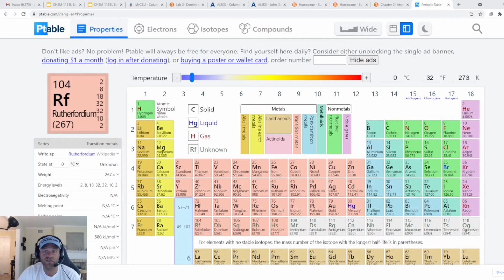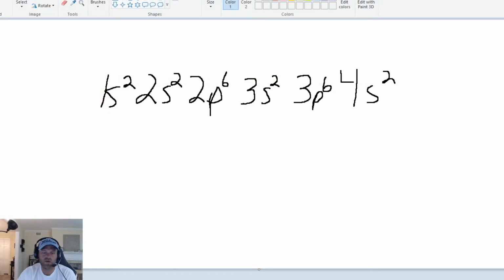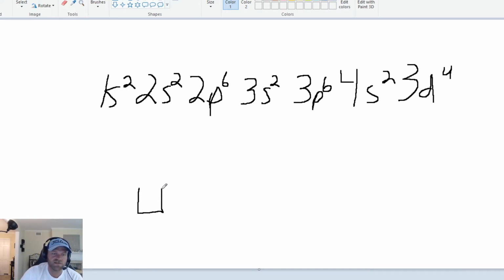4 because I only have to do 1, 2, 3. Oh, y'all can't see my little arrow thing. Hold on. 1, 2, 3, 4 electrons from the D orbital. All right. So when I go write that in on my paint program, it'll be 3D4. Okay. Now, if I were filling in my boxes, this is an interesting point. Remember, D can only have 5 orbitals.